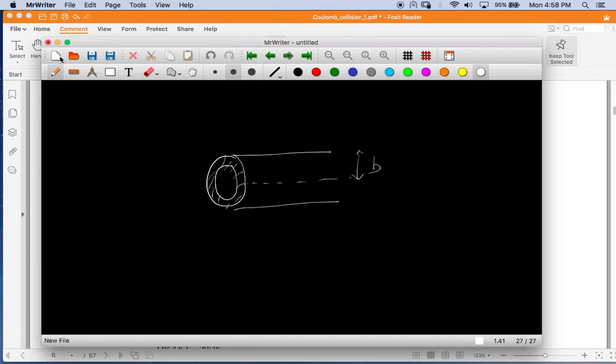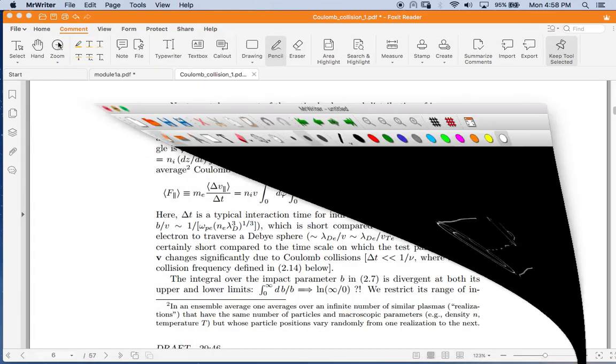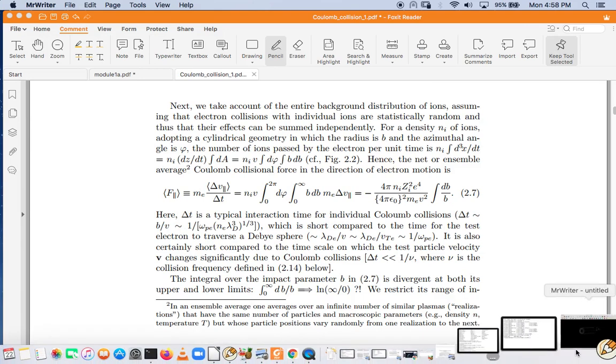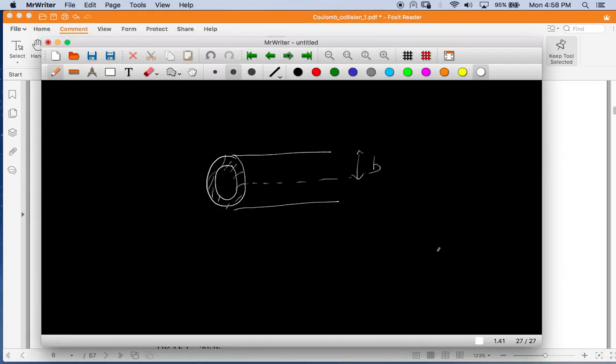Look at this. What we know is you have a density Ni of ions, Ni ions per centimeter cubed or meter cubed.